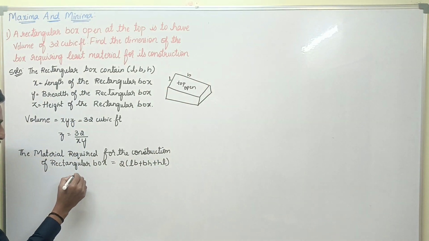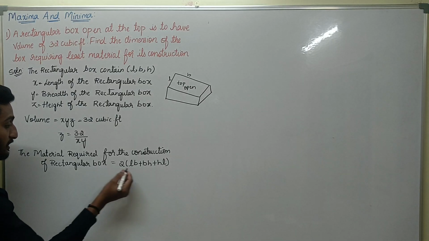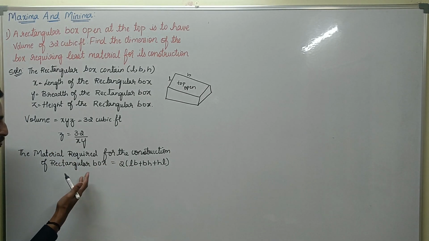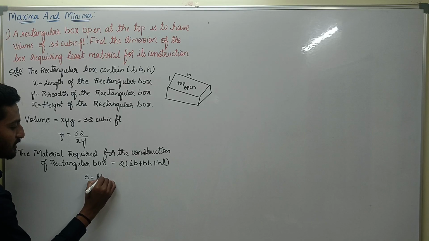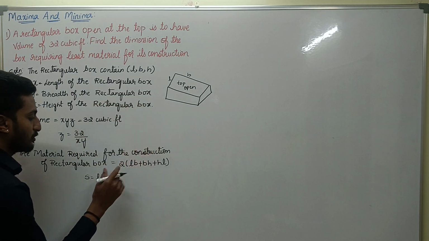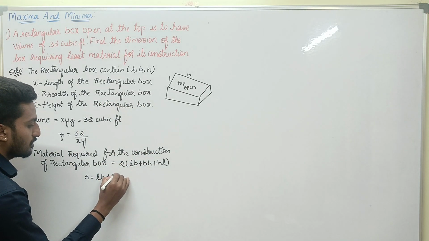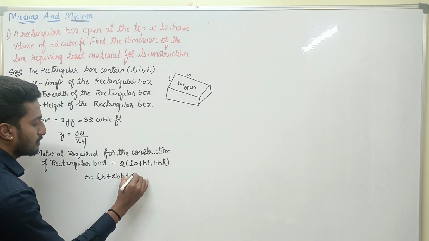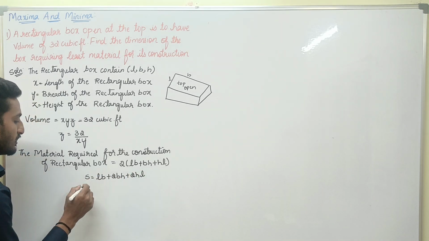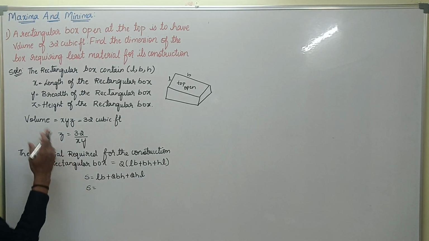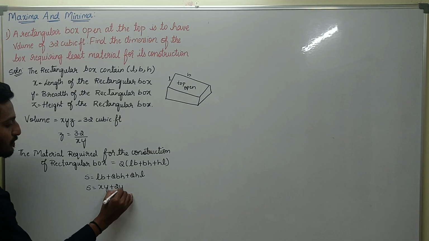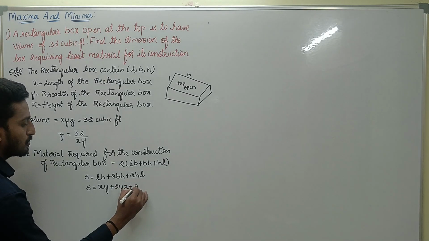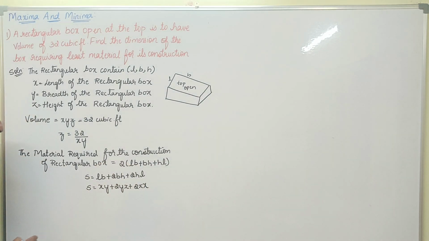So while constructing this open rectangular box, the material required S is equal to length into breadth, we have reduced one length into breadth, plus 2 breadth into height plus 2 height into length. Now, length is represented by x, so S equals xy plus 2yz plus 2zx.